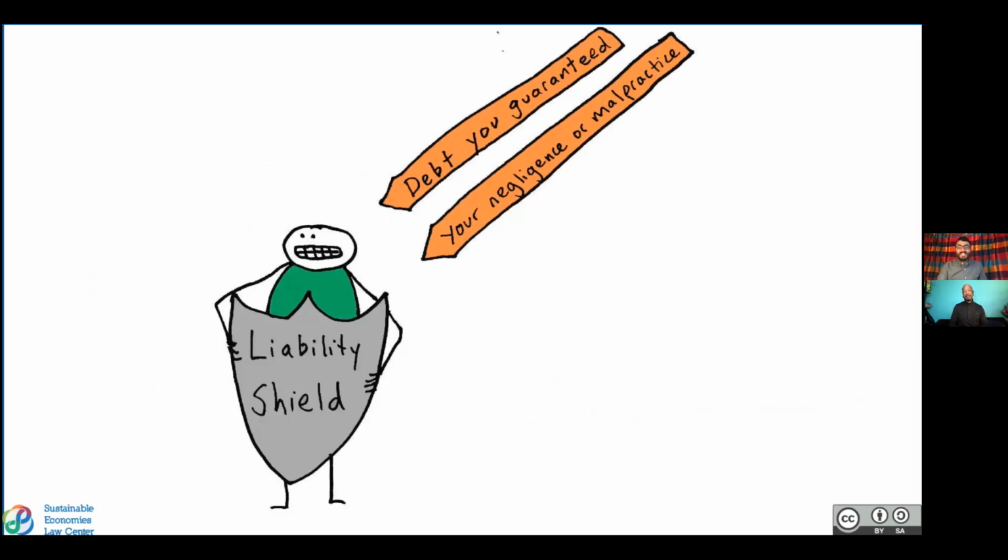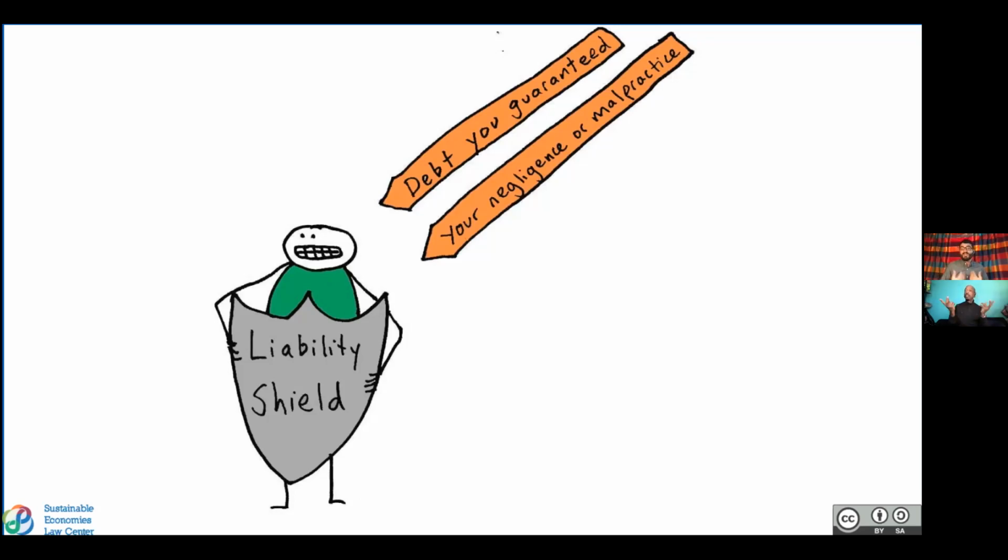But none of this is a complete liability shield, and here's why. Even if you maintain the appropriate level of separation between yourself and your business, you could still be personally liable for the debts of your company because, especially if you're just starting out, and especially if it's just one or two people, it's not going to be very easy to borrow money unless you each sign what's called a personal guarantee of the loan.